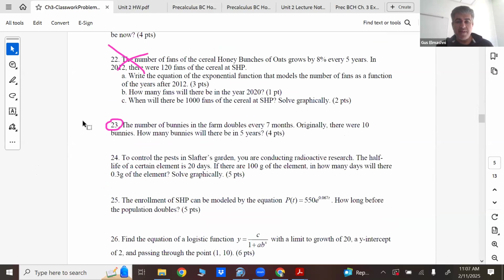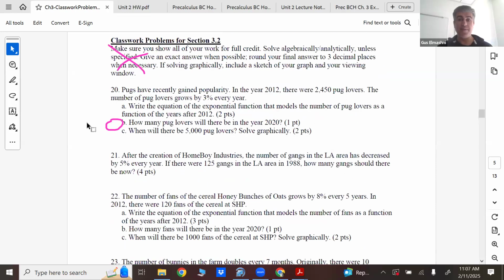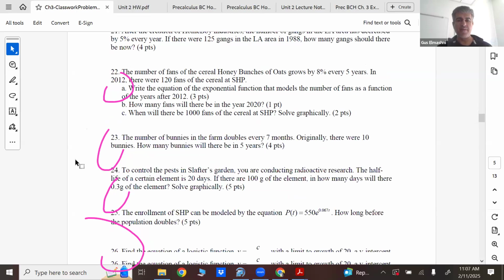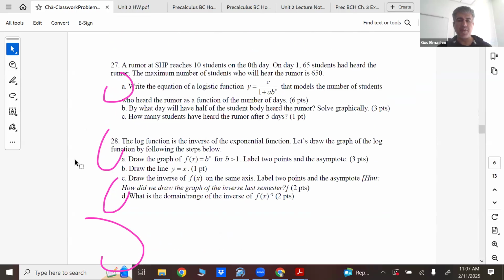Here, that entire page. You should do that entire page. All of it. Yeah, all of it. 27's good. I would do 27.